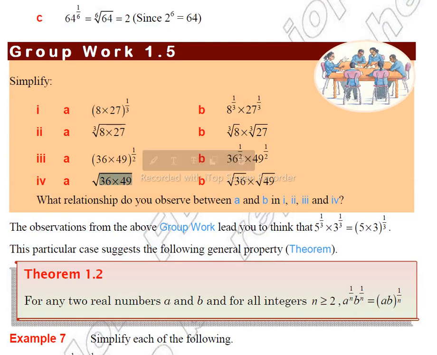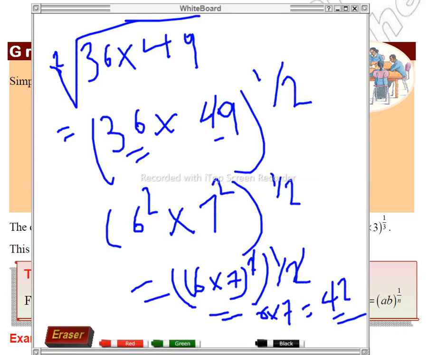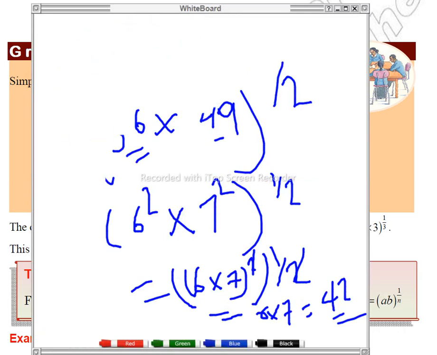And from B we can now do the first one. The first question says that, let us do it.